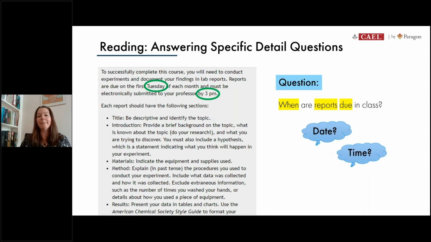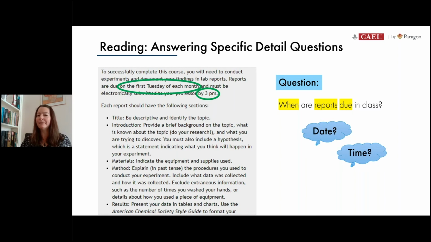And words that start with capitals are always easy to find as well because they're different from the words around them. So Tuesday is probably part of my answer, but to make extra sure, again, I'm going to open it up further and read the part of the sentence that contains that keyword Tuesday. So here I find several other words that complete the idea. I see that reports look like they're due on the first Tuesday of each month.